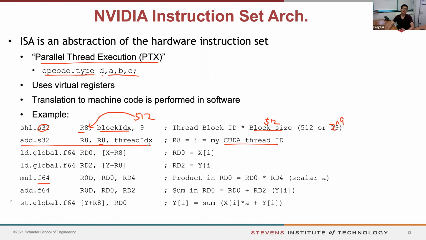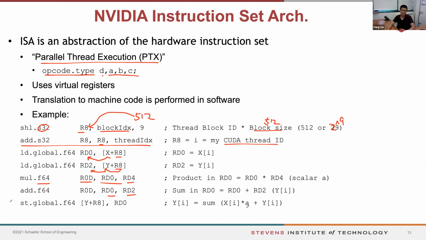Since it's thread-centric, we use the thread ID to index the memory and load the data into a register. We also use the thread ID plus the base memory address and put it in a second register. Next we do a multiplication and store it in that register, and then we do an addition.